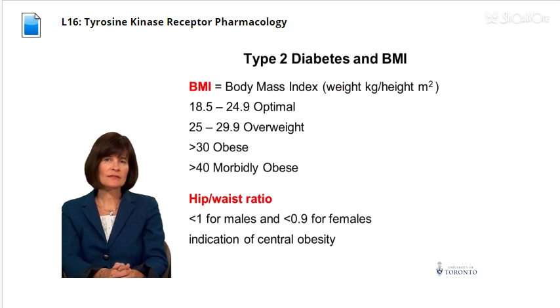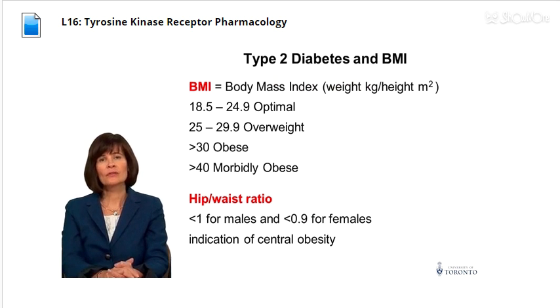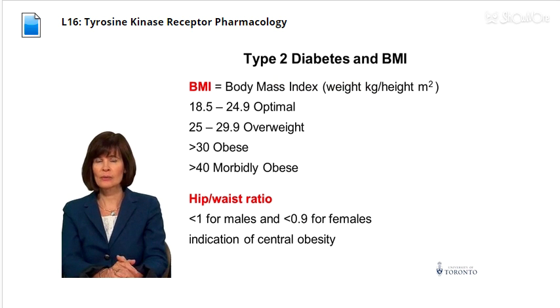The largest risk factor for type 2 diabetes is increased body weight. On this slide, we can remind you of how we categorise body weights in Canada, for example.